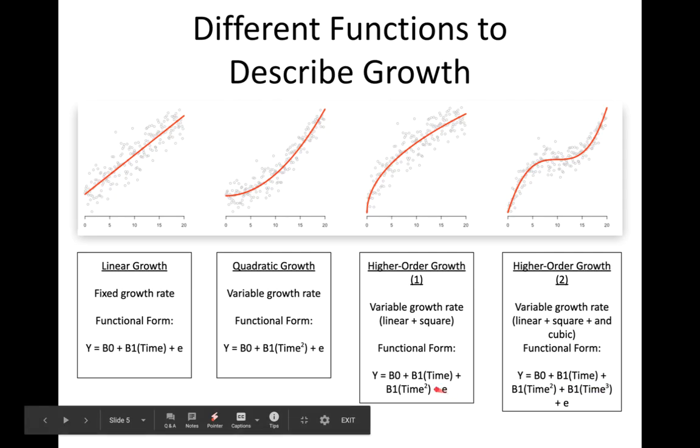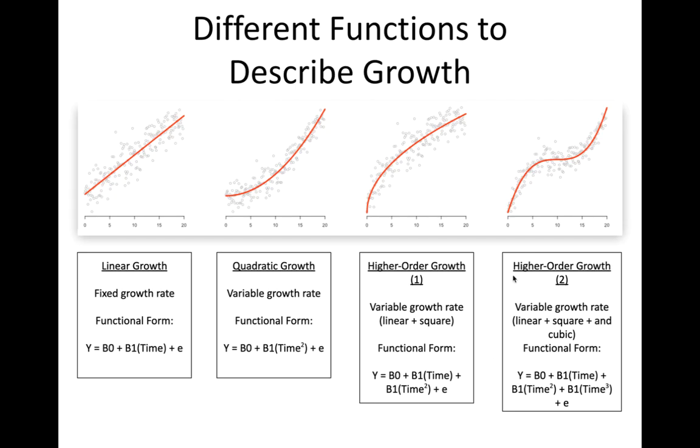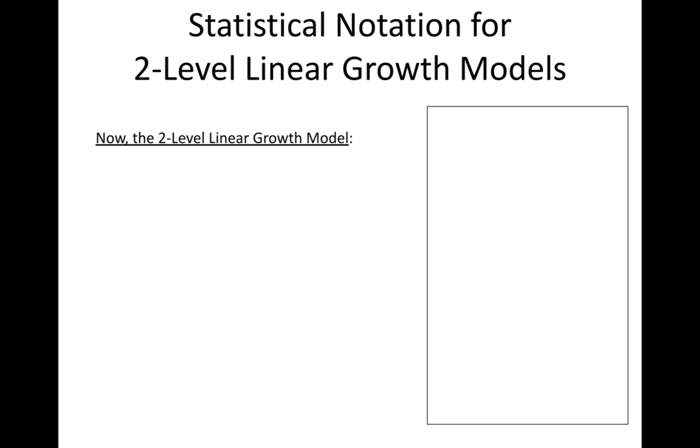As you can see, we're adding some of these higher order time components to hopefully better describe the pattern of change that we see in our data. And we have the ability to do this really easily in MLM, which is quite nice.